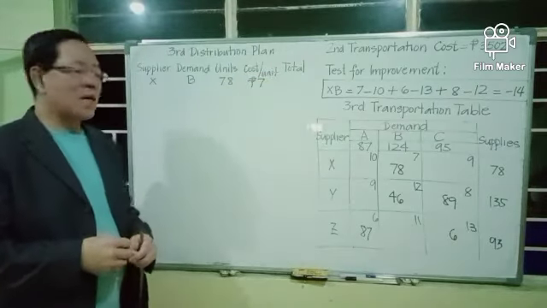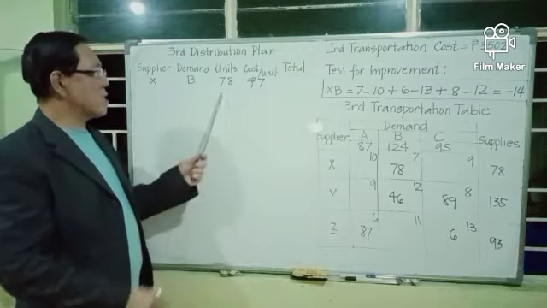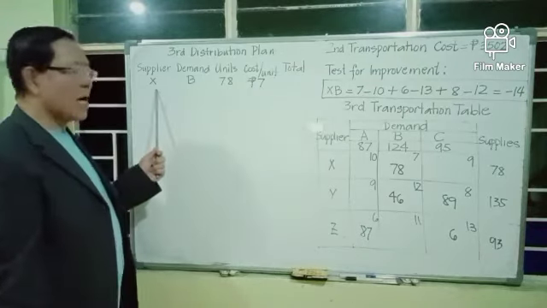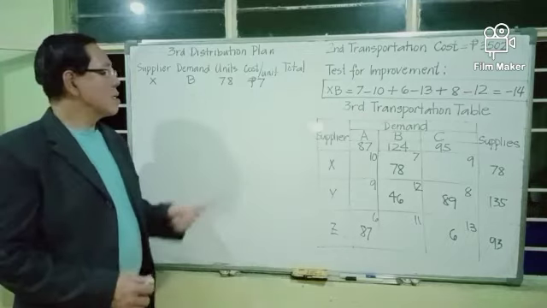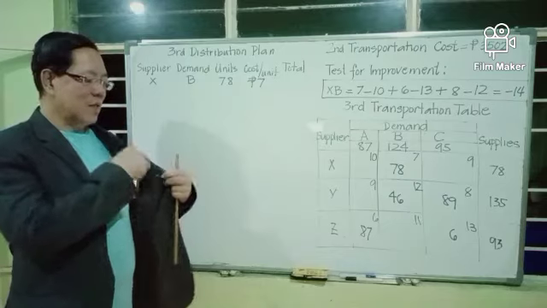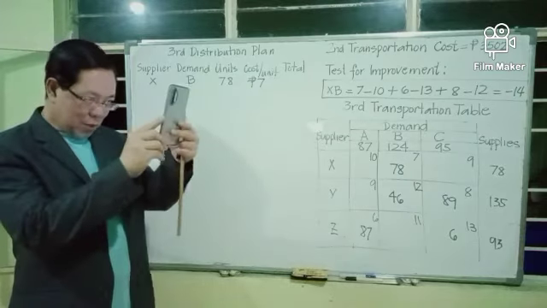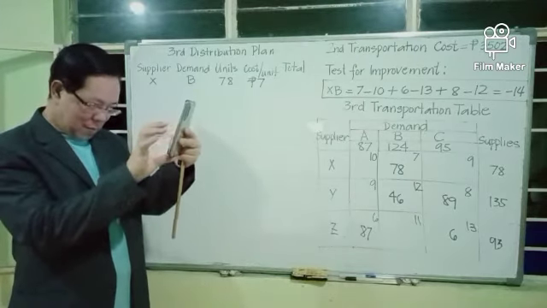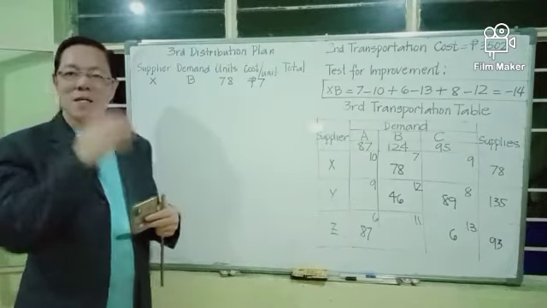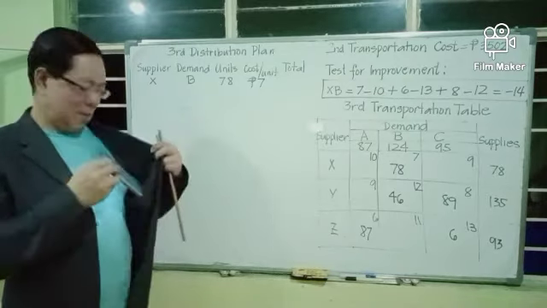We find the total cost by multiplying 78 by 7. Use your calculator. 78 by 7 is 546.